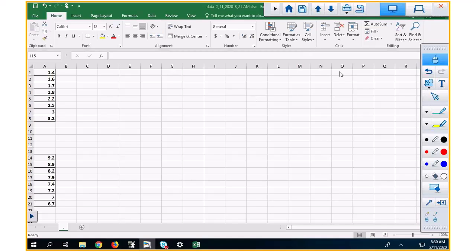I'll go ahead and start writing everything, putting everything in while y'all are working. Mean, median, mode, range, mid-range, variance, and standard deviation.